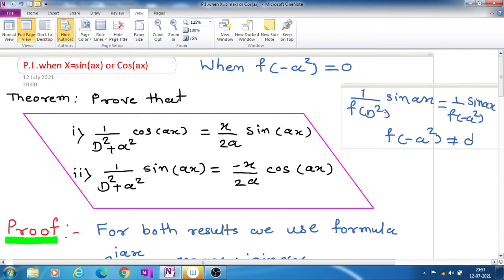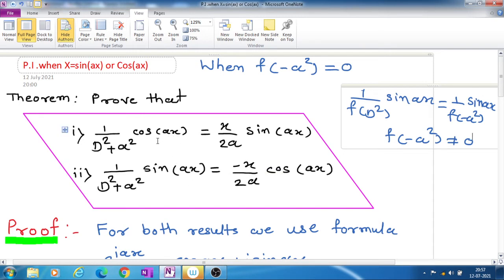While when we use the formula 1 upon f(D square) when f of minus a square is not equal to 0, here sin ax and here also sin ax, when here cos ax, here also cos ax. But for this formula, when we substitute D square equal to minus a square and the value becomes 0, at that time we use this formula.